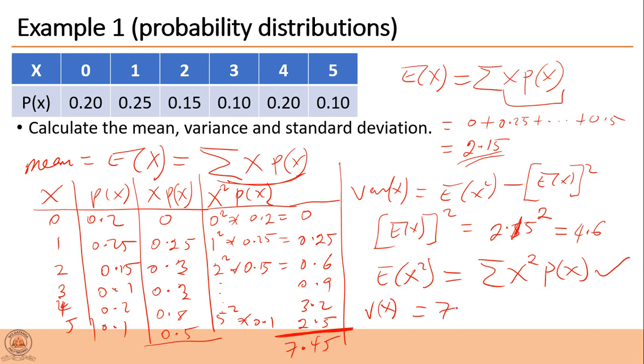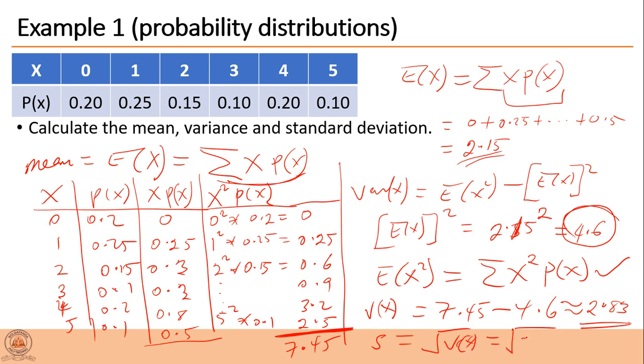So the variance of x will be 7.45 minus what we already calculated here, 4.6. Then it should be approximately 2.83, something like that. So this is the variance. How do we get the standard deviation? The standard deviation is simply the square root of the variance. So the square root of 2.83.